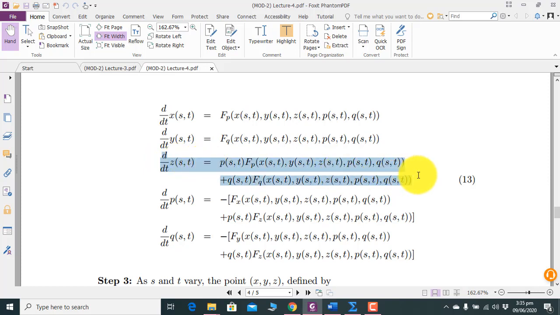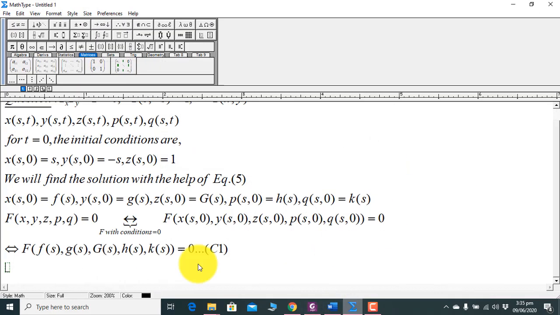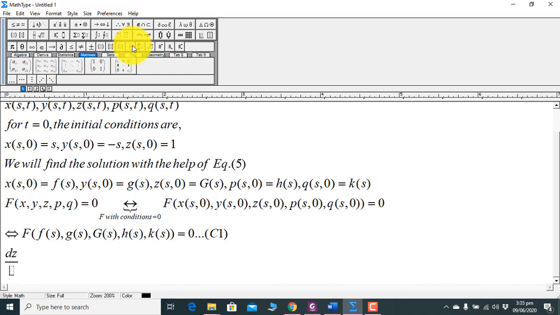In some sense this is P F_P plus Q F_Q. So I am writing for you: dz by dt equals P F_P plus Q F_Q.